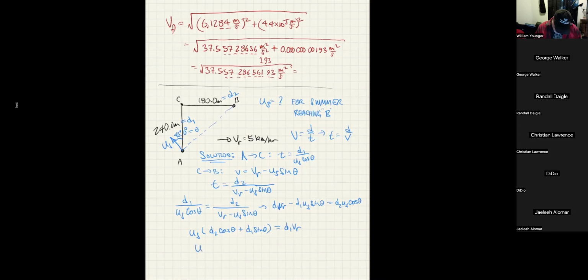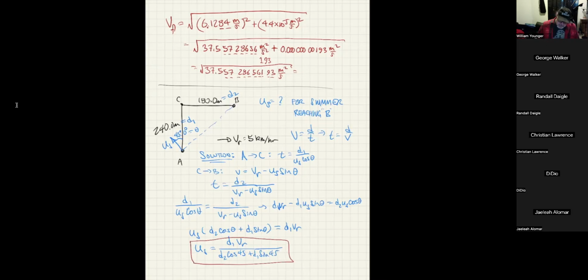So I ultimately figure out that US is D1 times the velocity of the river divided by D2 cosine 45 plus D1 sine 45. And all you have to do is put in your D1 and D2, and we have the actual velocity.